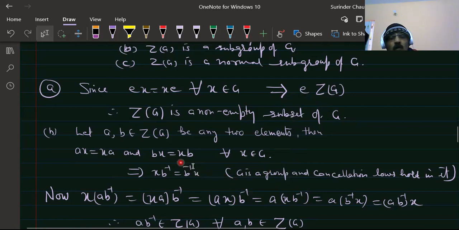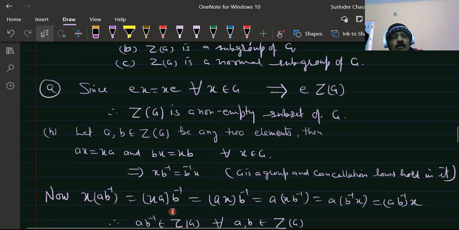Now I want to show that Z(G) is a subgroup. For the subgroup, we will apply the lemma. Consider x(A B inverse). By the associative law, since x, A and B belong to G, this is equal to (xA) into B inverse.